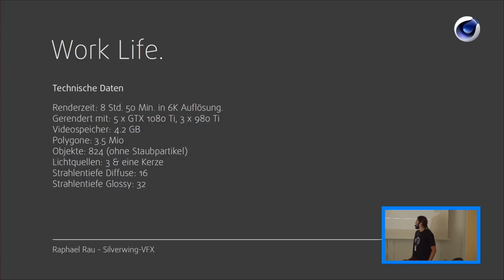I did that to get the scattering and the volume right, with a diffuse depth of 16 and a glossy depth of 32. If you have glass and want to make it realistic, you have to go to extremely high ray depths to get the fine detail out of glass pieces. So it's no different here.